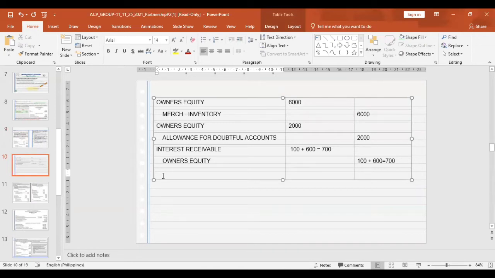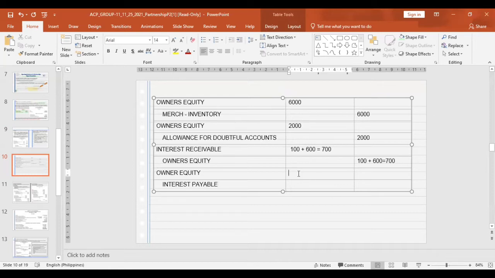Kung may babayaran ka, expense mo yun, so bawas yun sa kapital sa equity mo. So, interest payable. So, na-compute ko na siya kanina. So, 2.8.